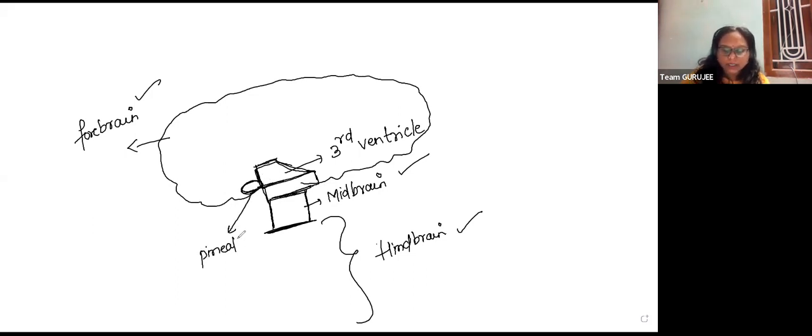Pineal gland. Please understand this third ventricle in depth. Behind there is a pineal gland. And in that third ventricle, on both sides, you have the thalamus.